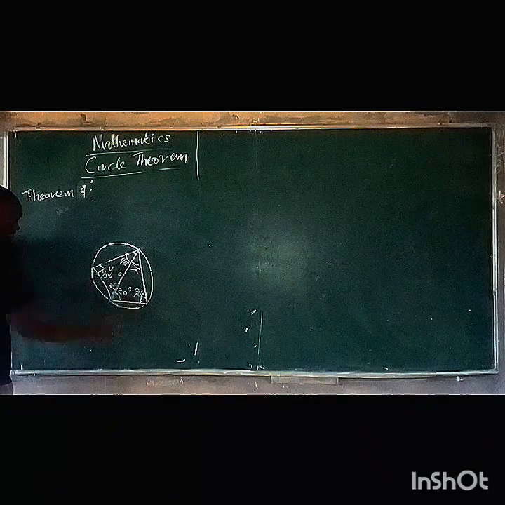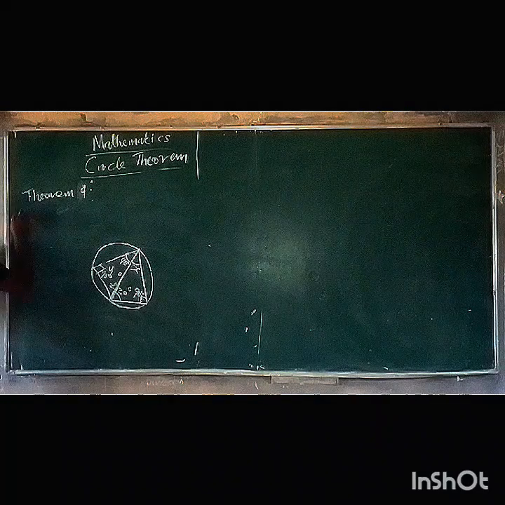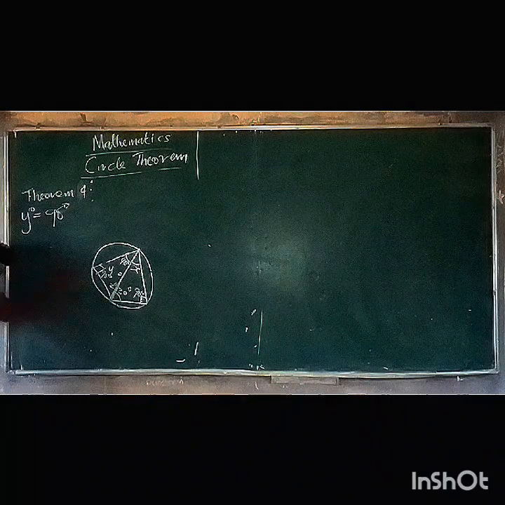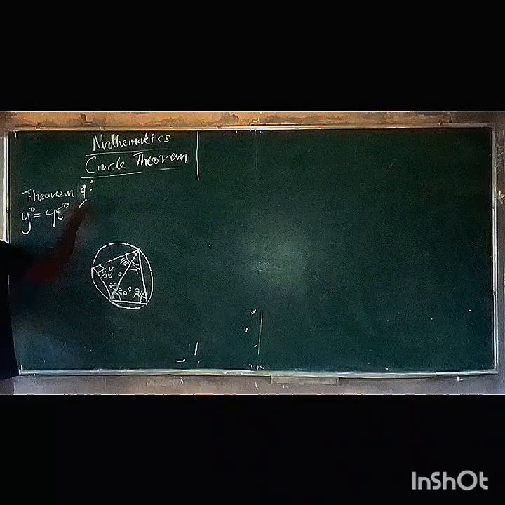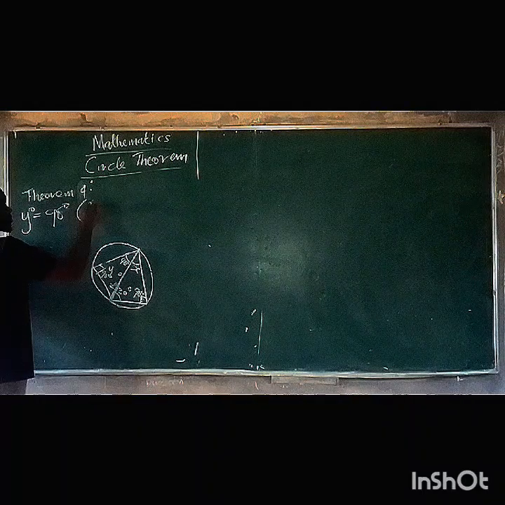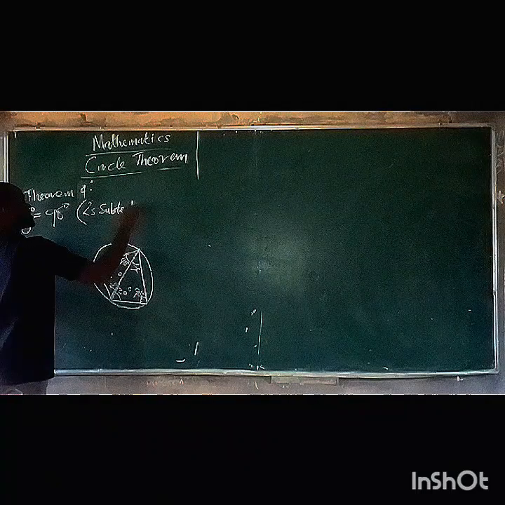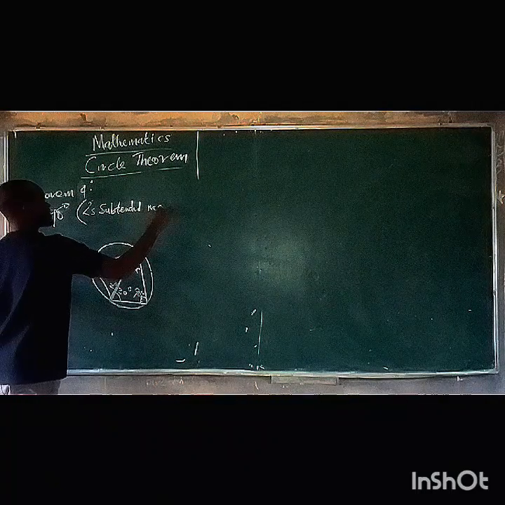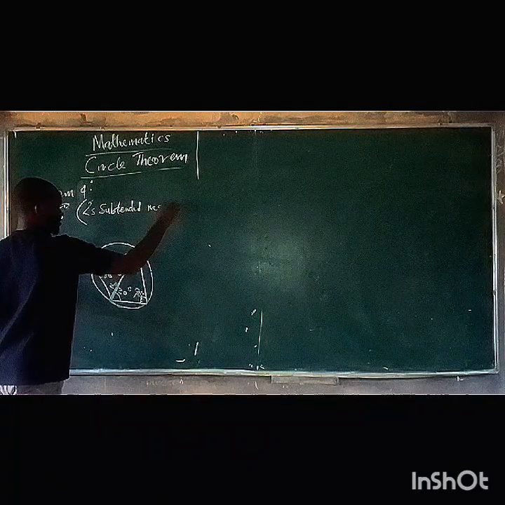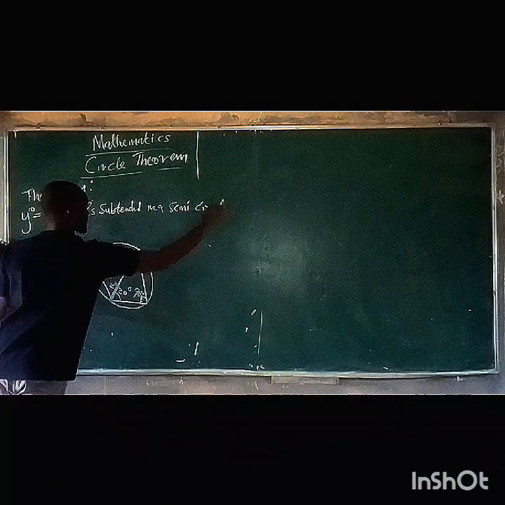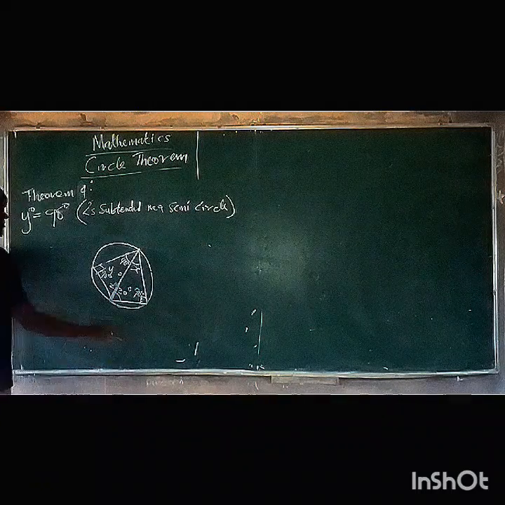So here is 90, here is 90. So the first information is that y is equal to 90 degrees. You've gotten one of them, that is y. And you tell them y is the angle subtended in a semicircle.